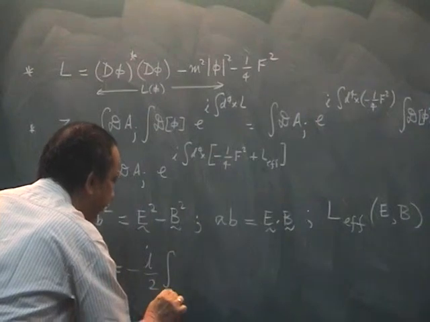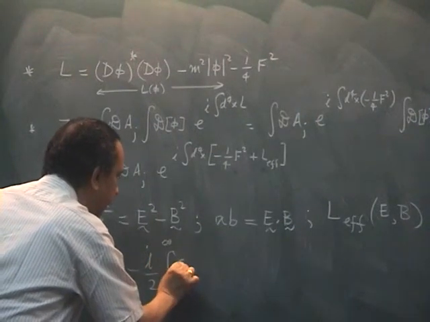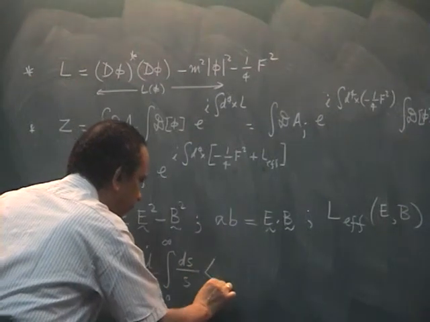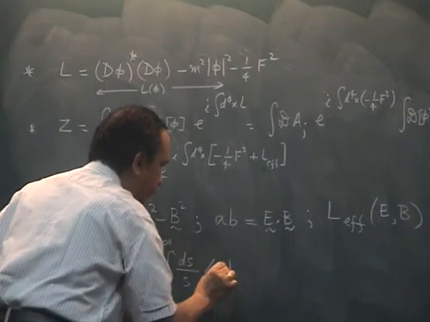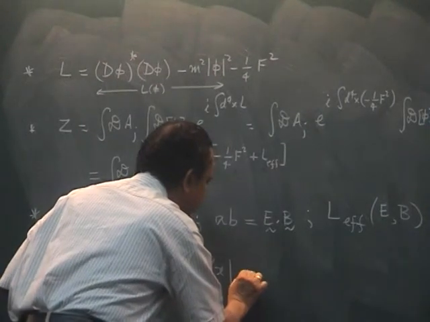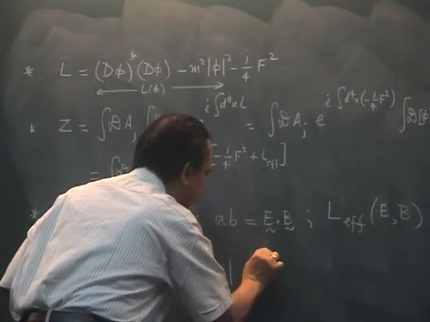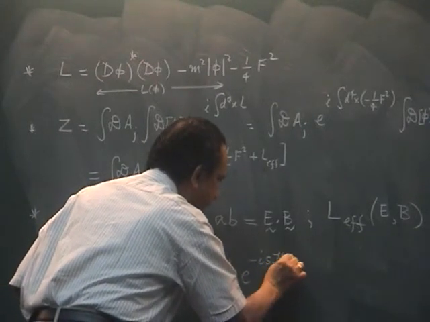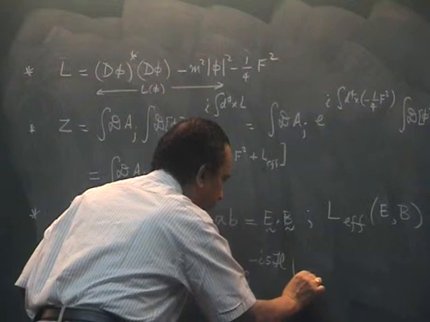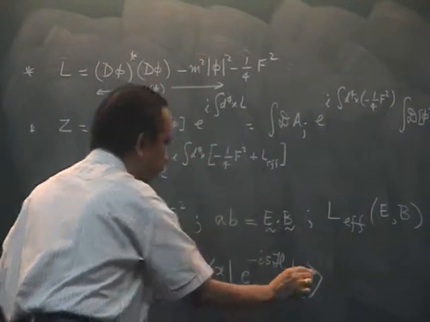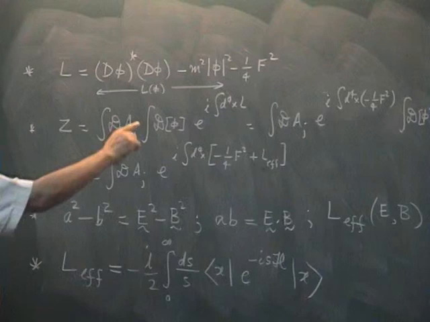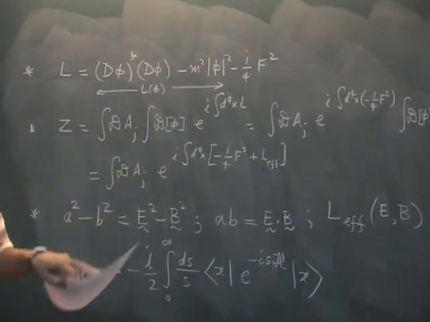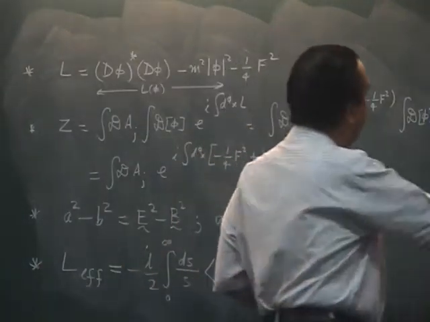So it is 0 to infinity ds over s times e to the minus i s times some operator, let me call this some character h, x. Okay, this operator is essentially what is sitting here once I have done an integration by parts. So we know the expression for that, we have done it before.